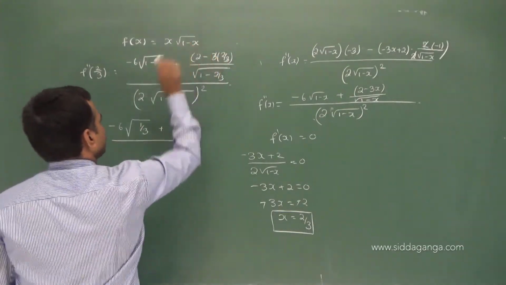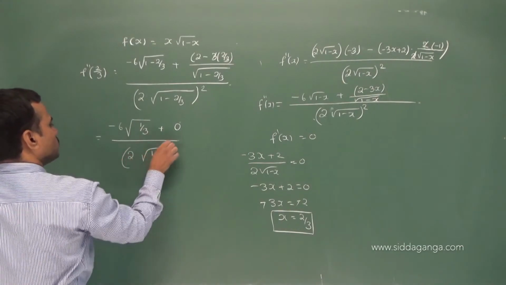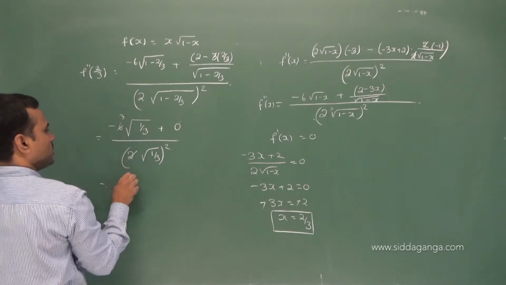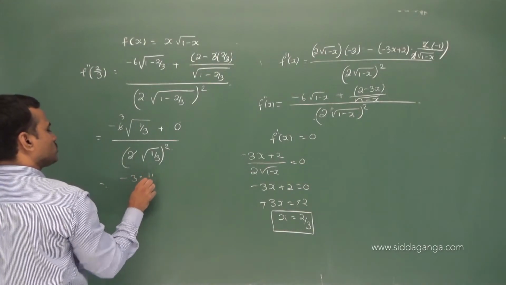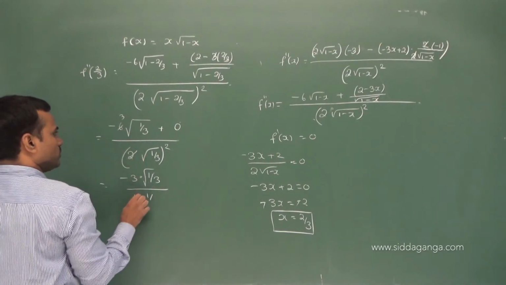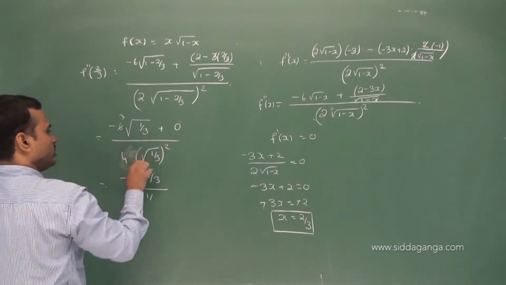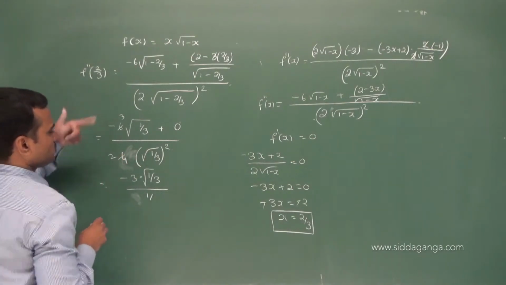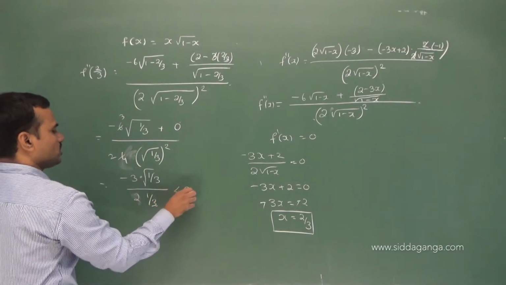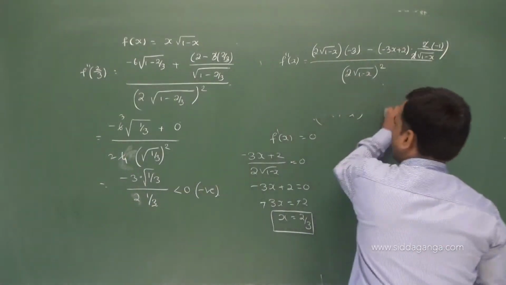Good, lucky number, 0 by everything is 0. The denominator is 2 square, 4, so we are left with minus 6 into root of 1 by 3 over 4 into 1 by 3. So it is no doubt less than 0, negative. That's what we want, less than 0, negative.